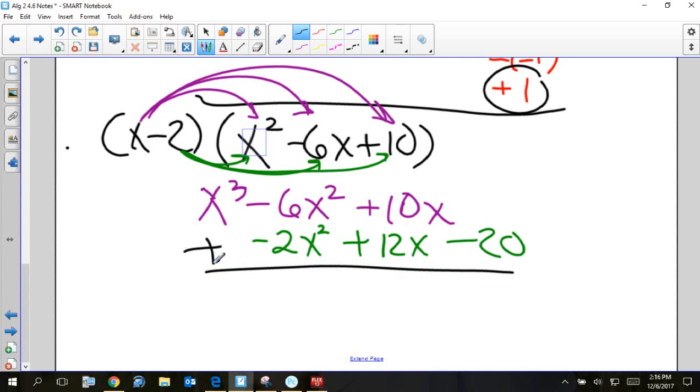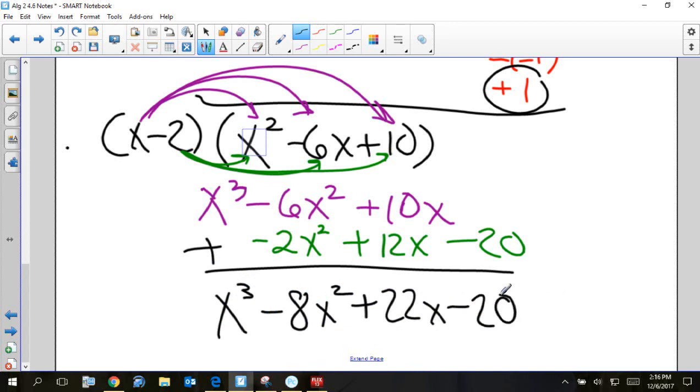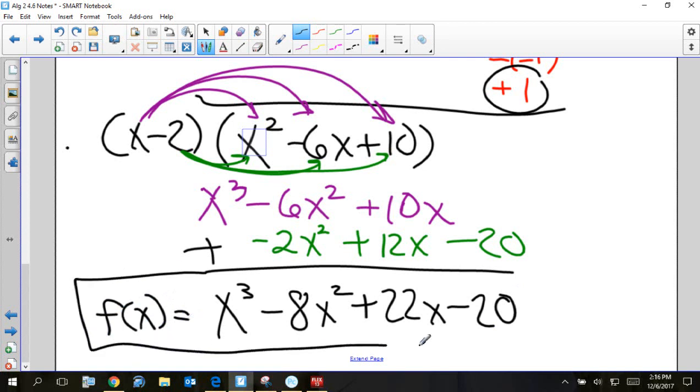And we'll add up and combine our like terms. And I'll write in front of it f of x equals. So this should be exactly like you did last Friday, except it's an imaginary number instead of a square root.